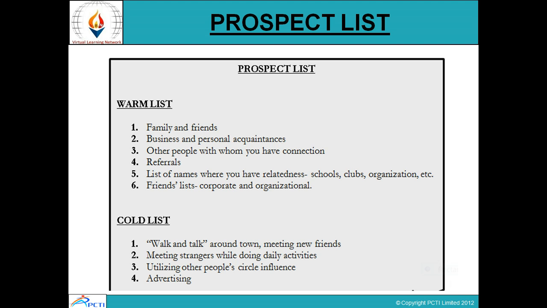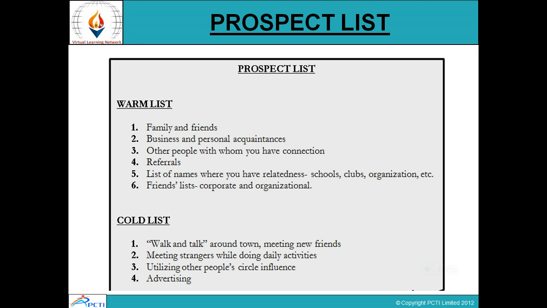That cold list includes the interaction with those people whom we meet when we are walking or talking around the town, interacting with new friends while meeting them at social gatherings or with the help of social networking sites like Facebook and Orkut.